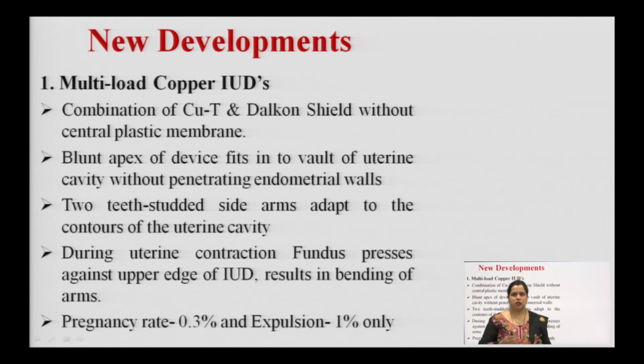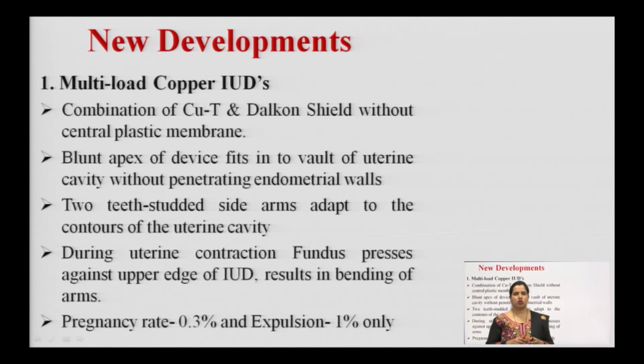These are the advancements in the IUD's design, which promote its usage and compatibility in terms of expulsion as well as patient compliance. The side arms adapt to the contours of the uterine cavity to fix well.